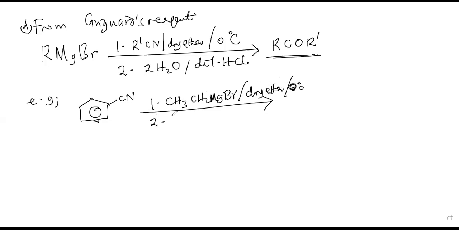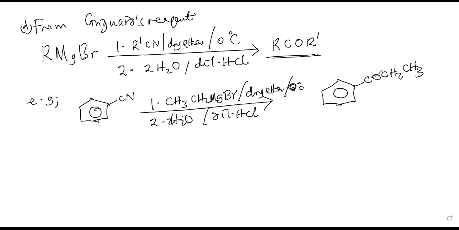Then two, we shall add water and a dilute hydrochloric acid. So this one will lead to the formation of COCH2CH3.